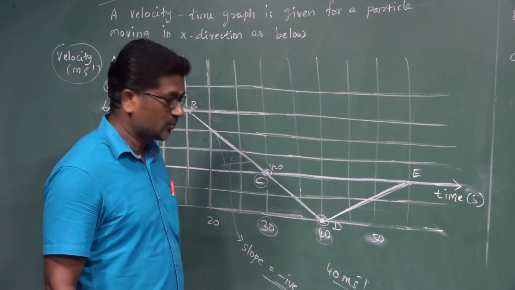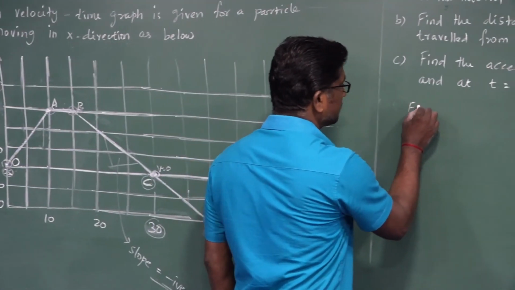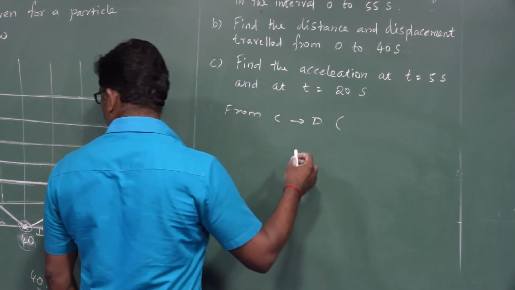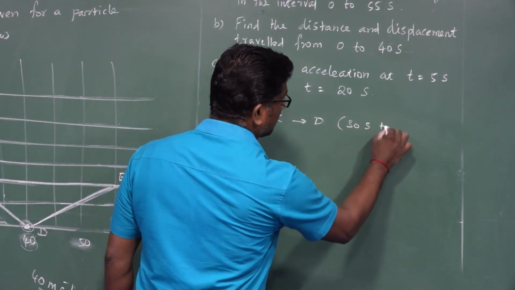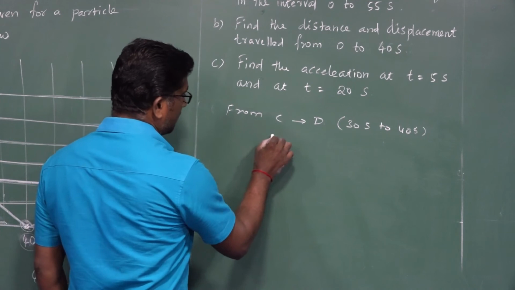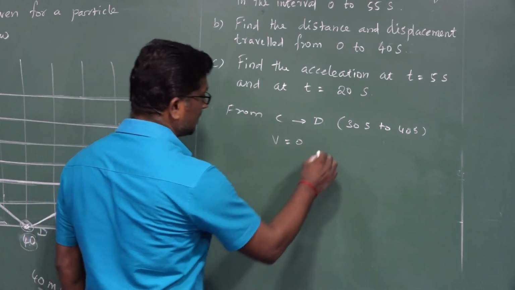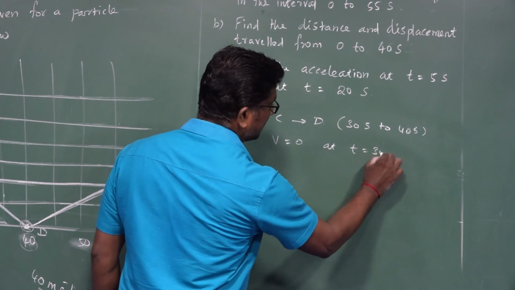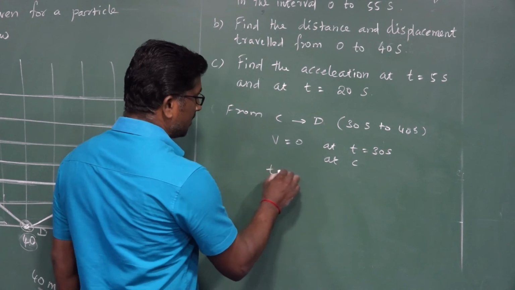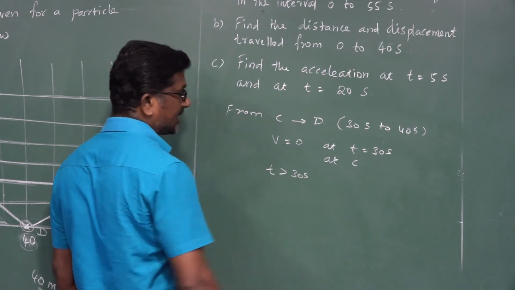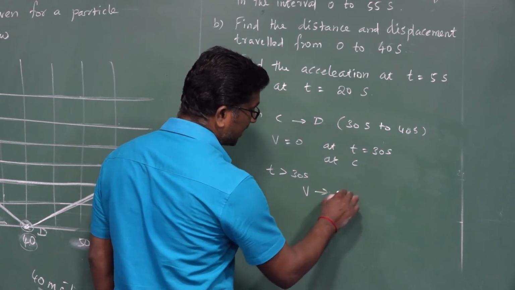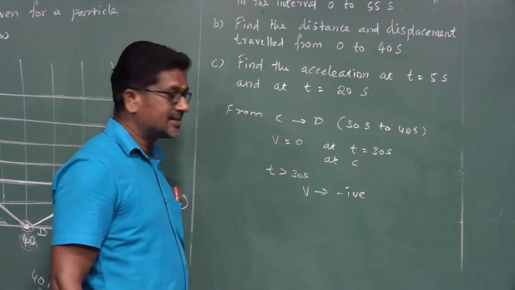Right, from C to D, or from 30 seconds to 40 seconds. The velocity of the particle is 0 at time t equal to 30 seconds, or at the point C. If t is greater than 30 seconds, the velocity of the particle is negative.